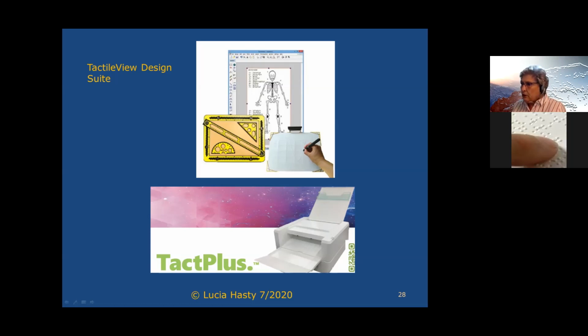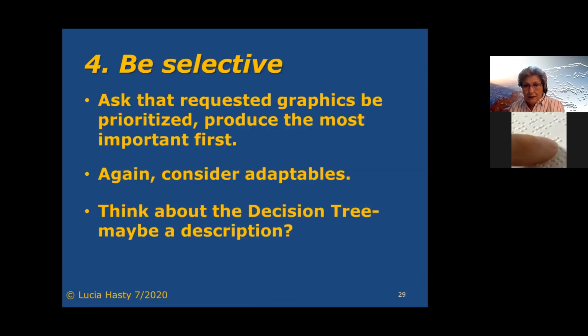It's a lot cleaner and a lot less puffy. It's not black ink, so it's not carbon based, so it doesn't get all over your hands in the process of looking at things. But anyway, it's a brand new printer out of Japan that's just come into the States. But that's another way that you can get an immediate graphic.